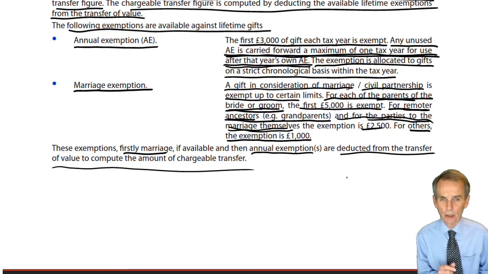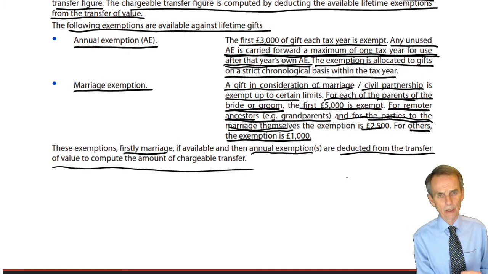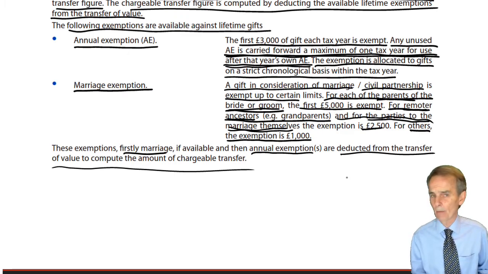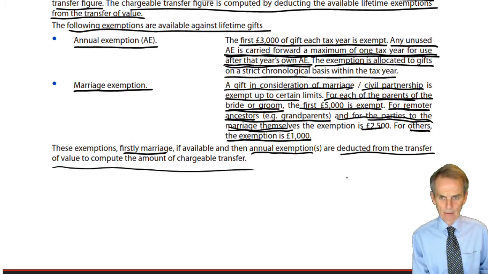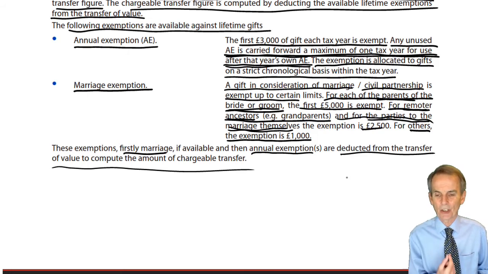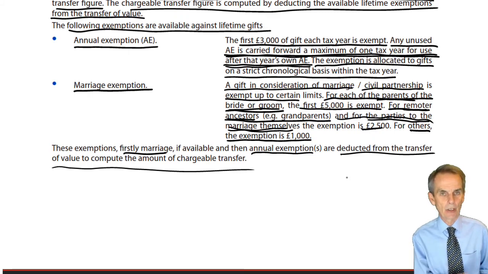So they are much the more likely for you to be tested on, and you may very well have to apply both. Because what we may see is that the transfer of value for the individual, the donor concerned, is greater than the marriage exemption.